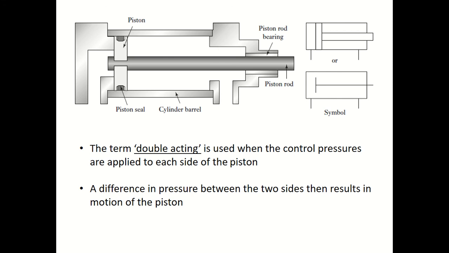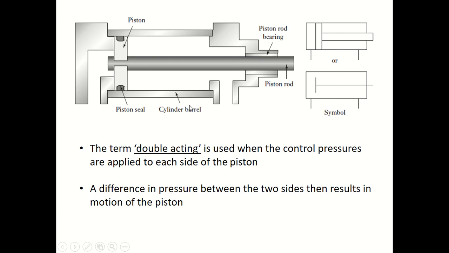So what is meant by a double acting cylinder? The term double acting is used when the control pressures are applied to each side of the piston. You can see a double acting cylinder here. Look at the nomenclature which they have pasted, and on the right side you can see the valve symbol too. All of you should learn this symbol. Here you can see the two lines drawn, which indicate the control pressures applied to each side of the piston, this side as well as this side.